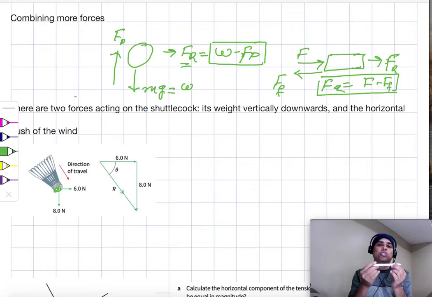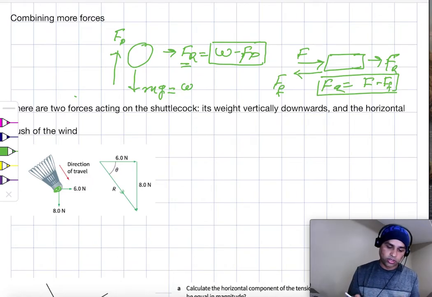What happens when the forces are in different directions? For example, one force is acting towards the east and another force is acting in the downward direction. Here's one example. There are two forces acting on the shuttlecock: its weight, vertically downward, and the wind, which pushes horizontally in this direction.